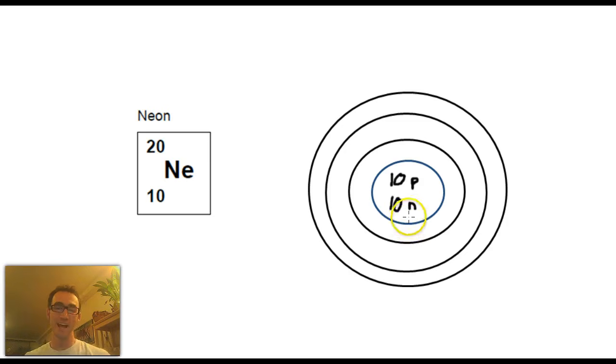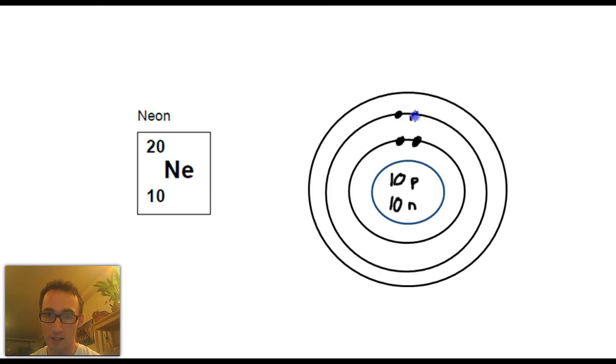Sweet. Now we're going to start adding electrons. Remember, we make the weird smiley face with the 2 eyeballs up here. So 1 here and 1 here. And now how many more electrons do we need? We need 8. So we're going to add them to the second energy shell.